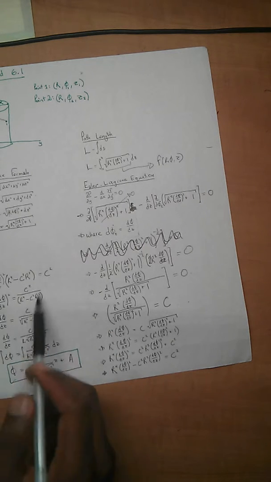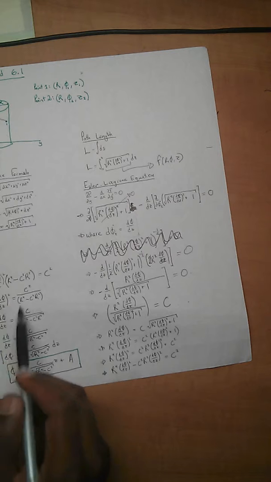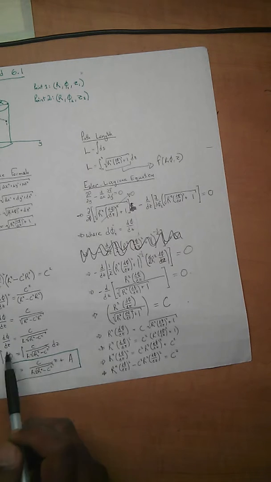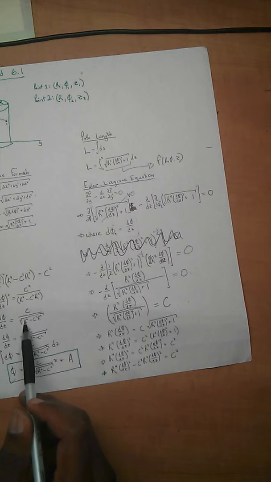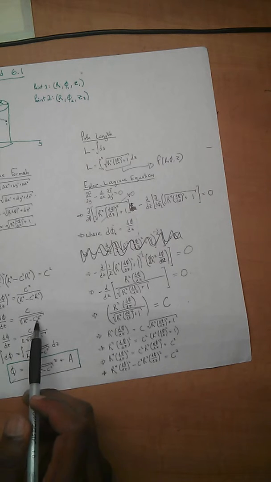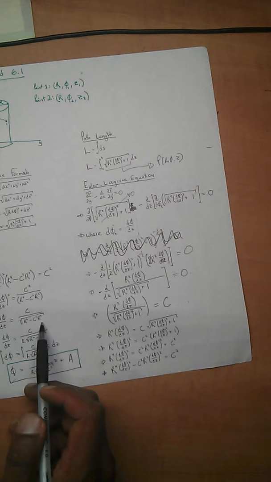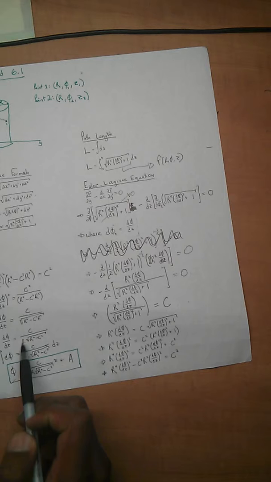I move this to the other side, and I squared everything. And once you got to this point over here, I just took the r's, because this is r to the fourth and r to the second. So what I did is I factored out an r to the second, r squared, and that came out.